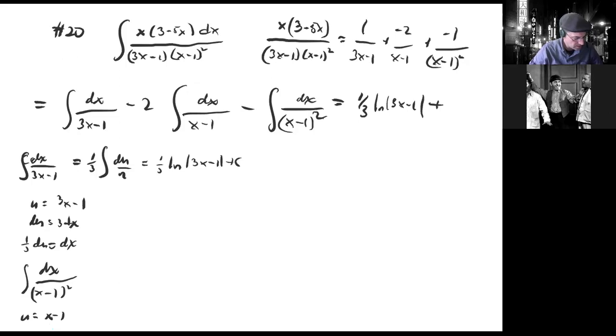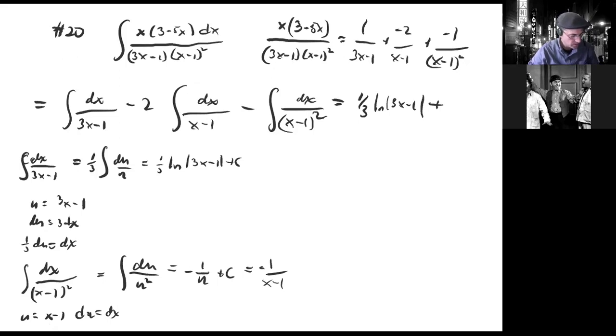Du is the same as dx. So we're going to get du over u squared, which is u to the minus 2, and it's minus 1 over u plus c, which is the answer to that: minus 1 over x minus 1 plus c.